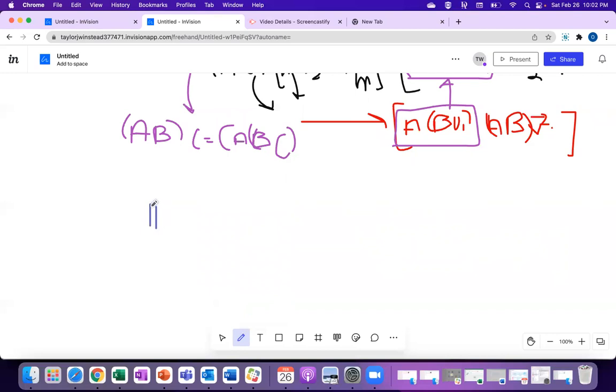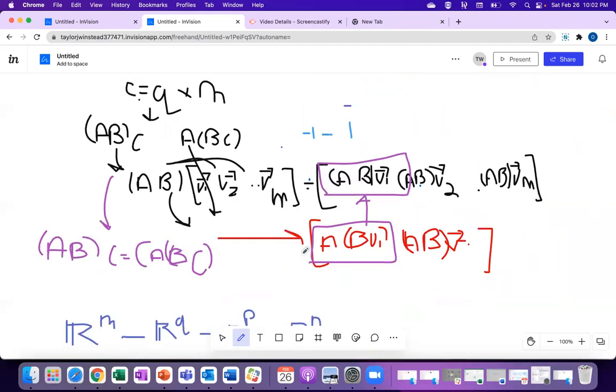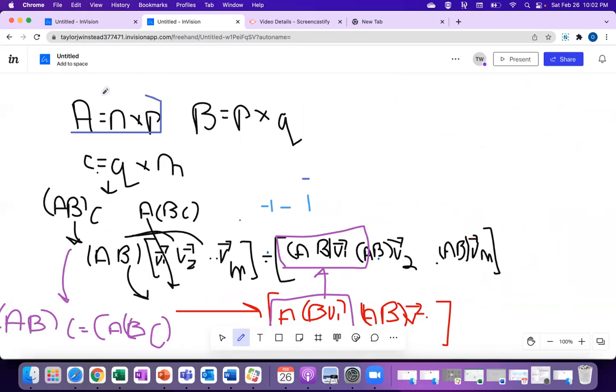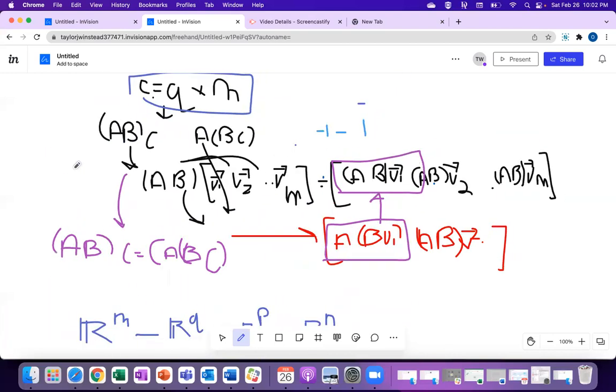So if we've got R^m, R^q, the space R^p, and the space R^n, I will remind you that in this case, we've got A being n times p, B being p times q, and C being q times m, right?